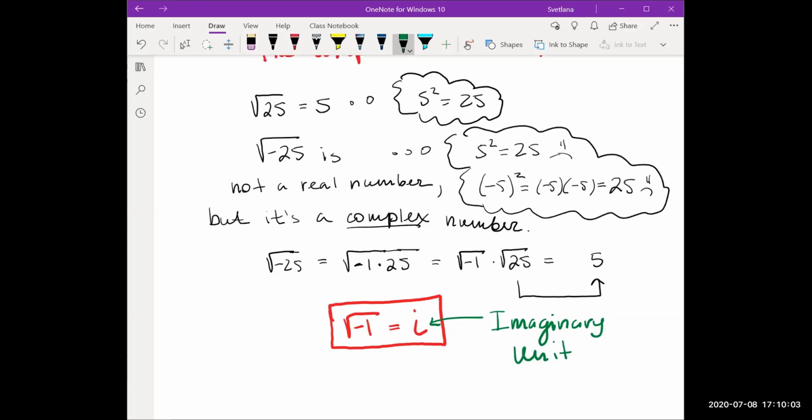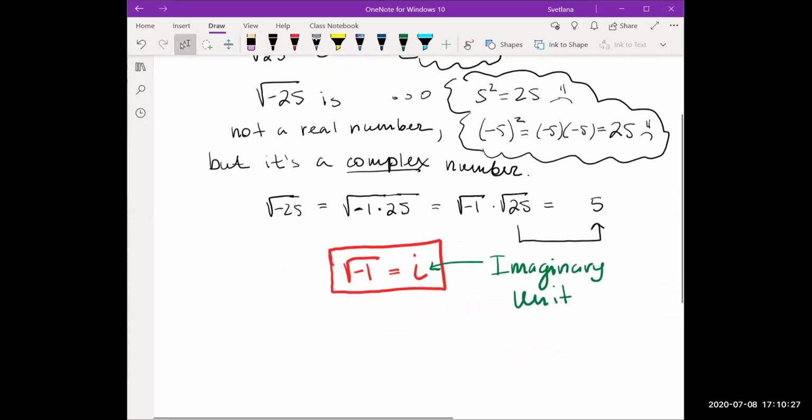So there's nothing that works from real numbers. But in math, things can go pretty crazy. So we have this imaginary world, or some parts of math are an imaginary world in a sense. And in that world, we can take the square root of negative 1, and that equals i, the imaginary unit. So you kind of have to accept that as a fact.